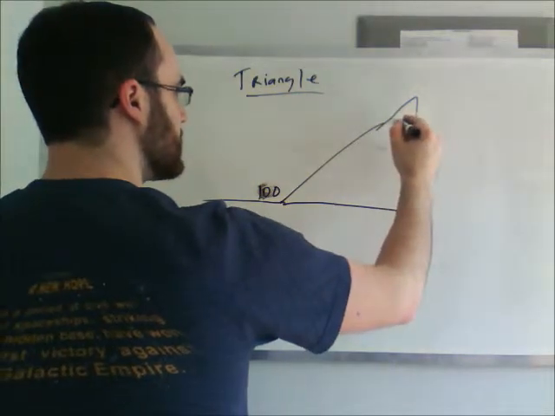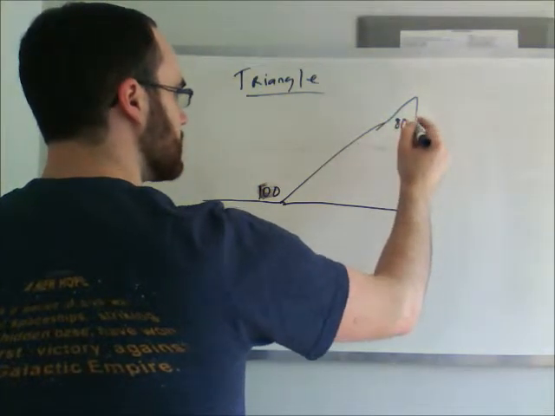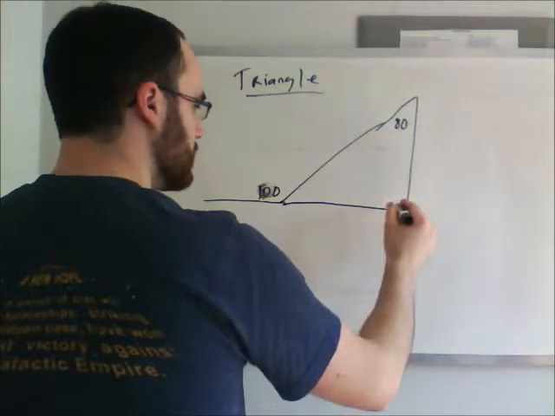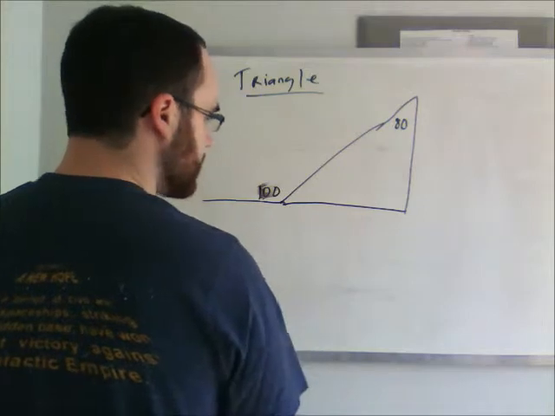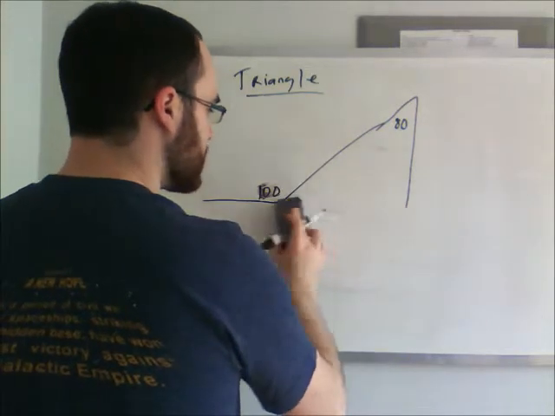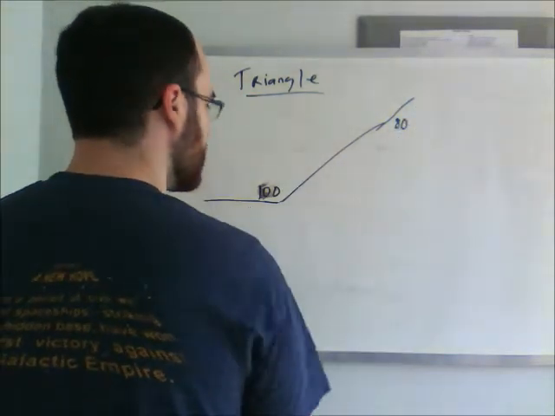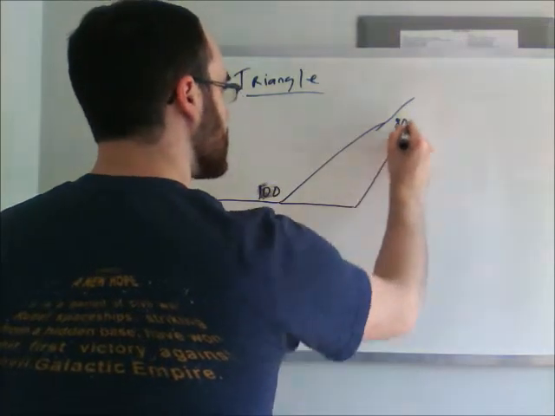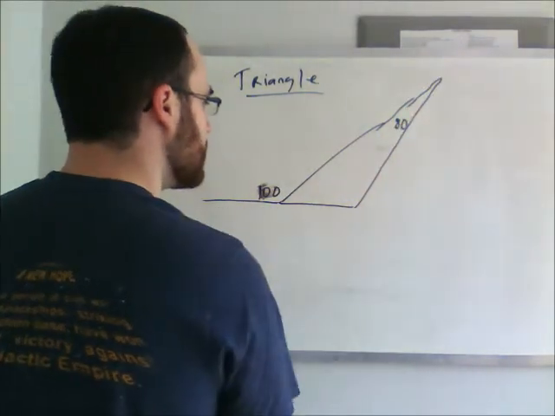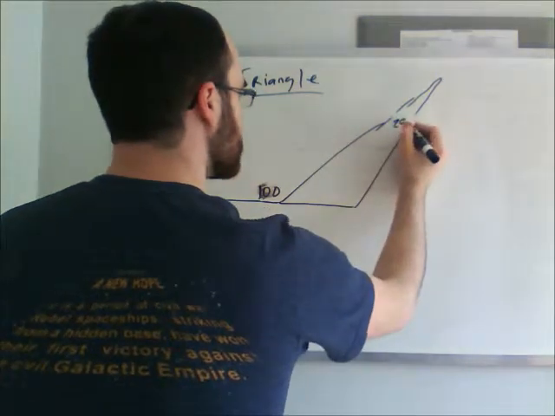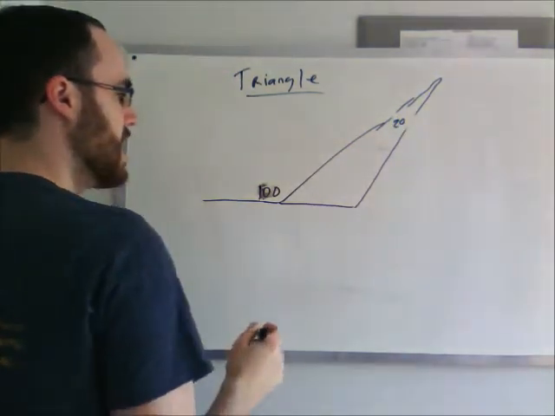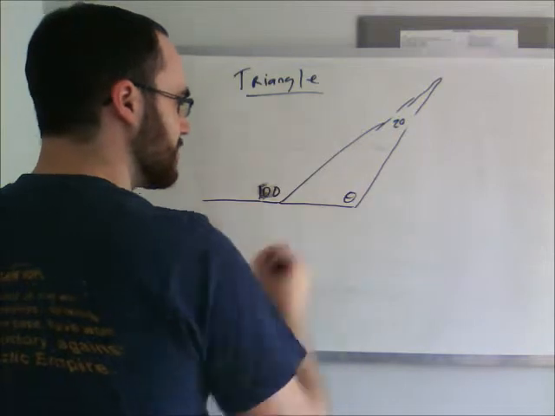We don't know it's a right angle, so I'll change it a little bit. So now it's smaller. So this is 20 degrees, let's say. So we have 100 degrees and 20 degrees, and we want to find out what is this angle theta.